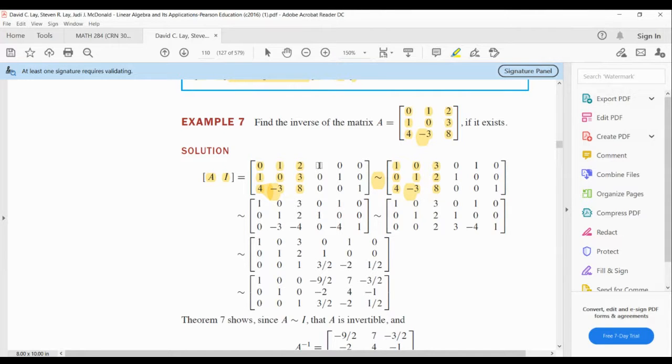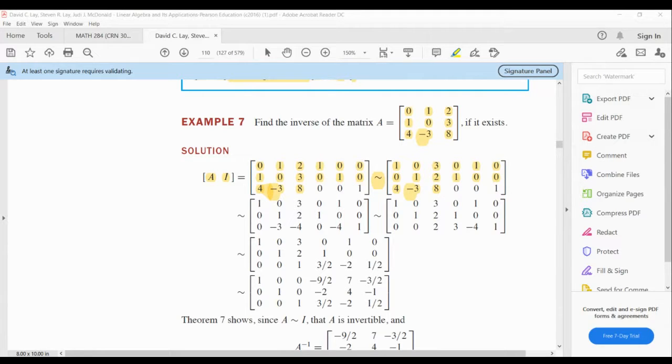Now, what do they do with the identity matrix? What do they do with rows 1 and 2 of the identity matrix? For the matrix A, they interchange rows 1 and 2.